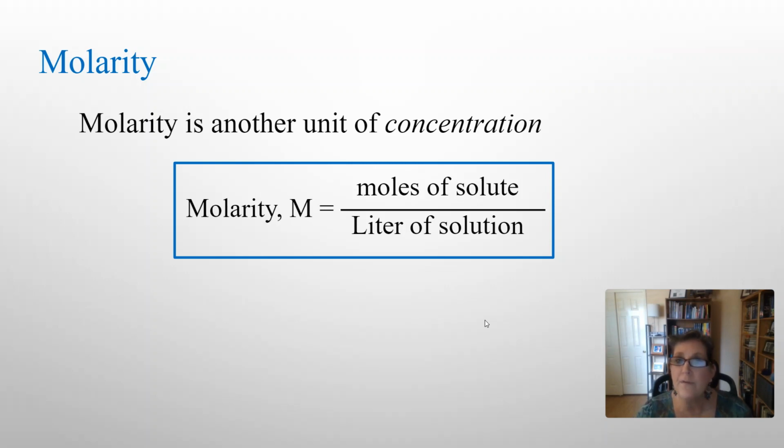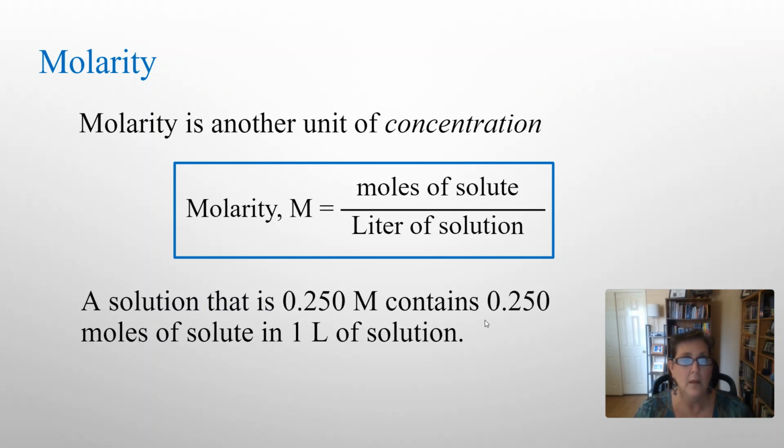So moles of the solute, the ingredient that there's less of in the solution, over the volume of the solution in liters, moles per liter. So a solution that is 0.250 molar contains 0.250 moles of solute in 1 liter of solution.